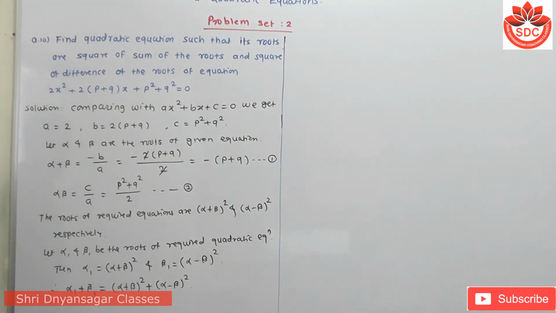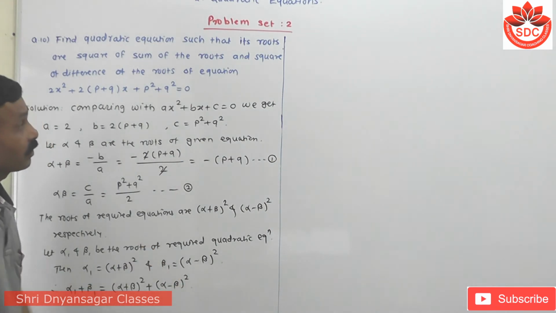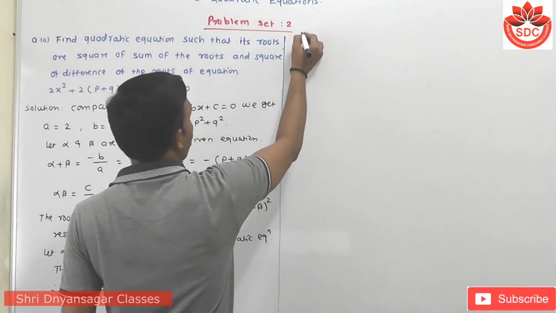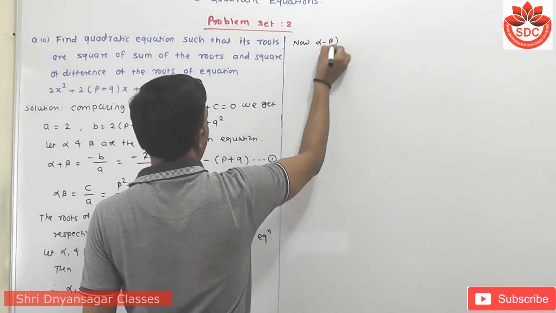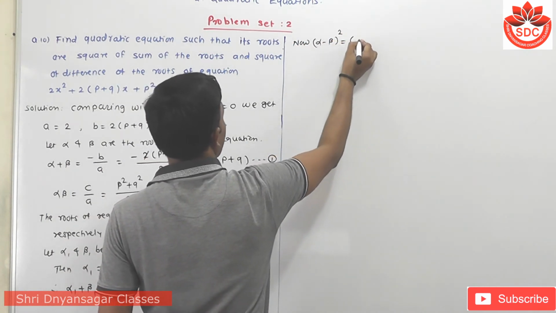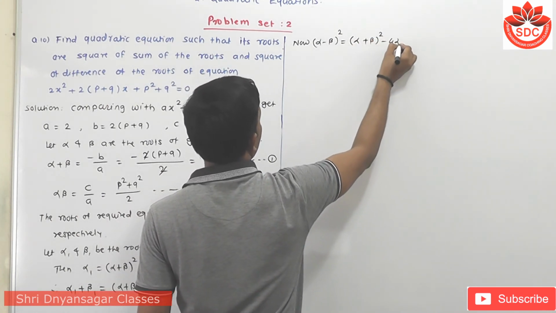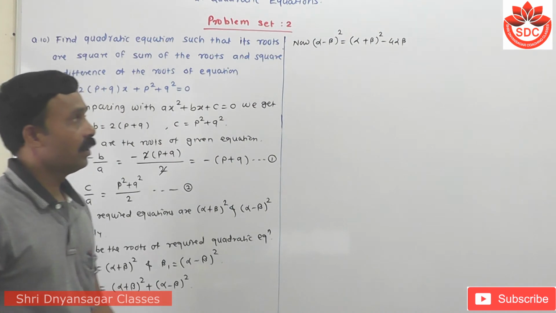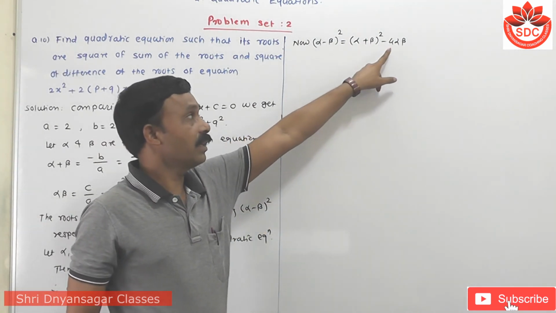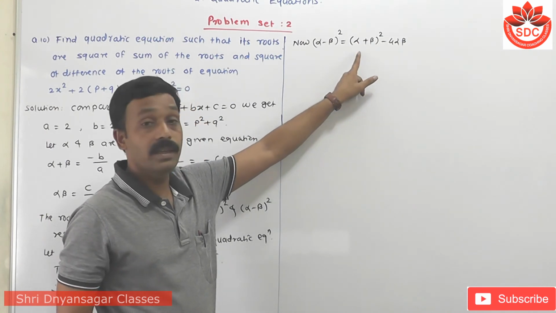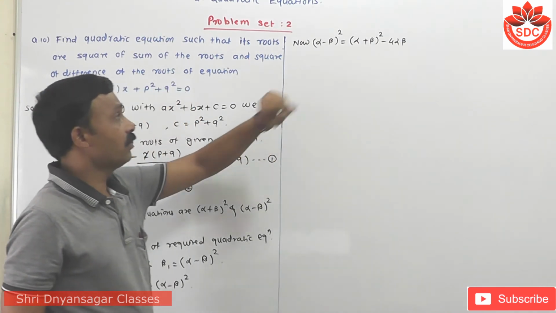For this, first we have to find the value of alpha minus beta bracket square by using one identity. Alpha minus beta bracket square is equal to, this identity is, alpha plus beta bracket square minus 4 alpha beta. Look carefully, when we square it and subtract this, we get alpha minus beta bracket square.